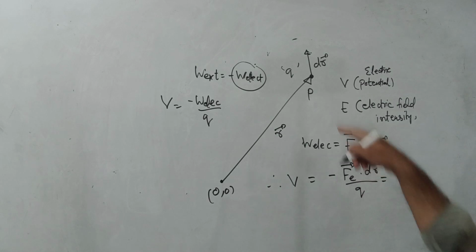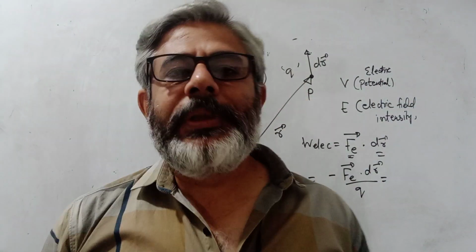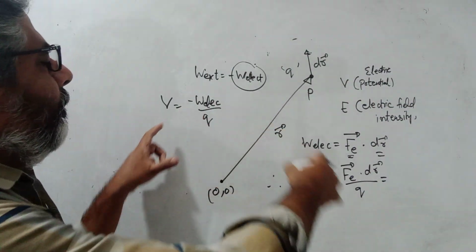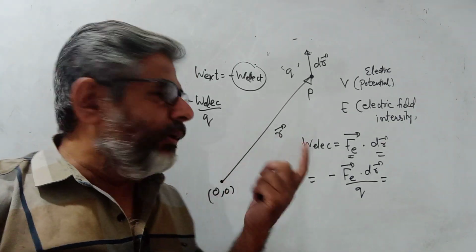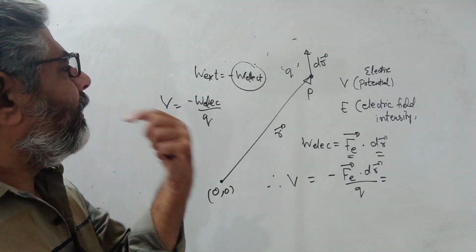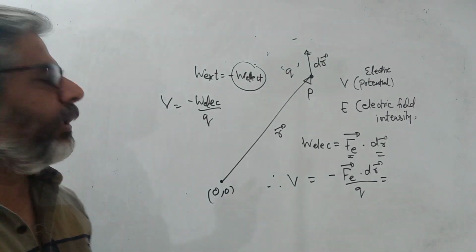Now you also know that this force is being exerted by the electric field. Don't be confused, you may ask which force is this? This is the force exerted by the electric field which is existing in this space, right? This electric field can be either due to a point charge or a number of charges, don't worry about that.